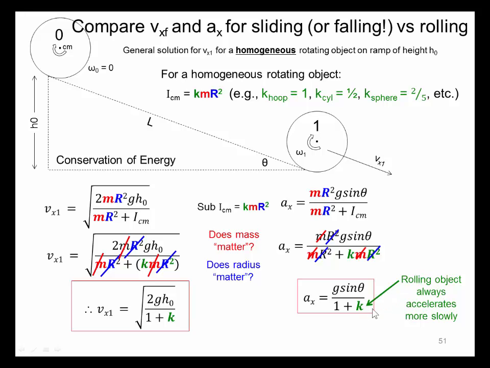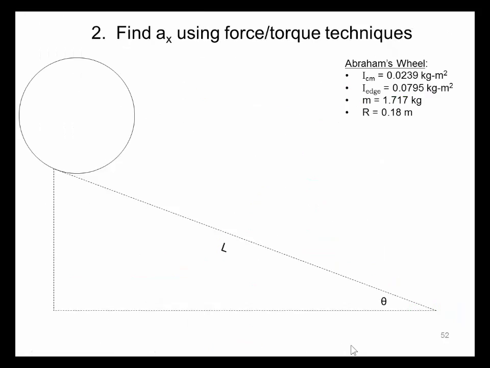And so depending on this value of k, how the mass is distributed, this value could be as high as 1 for k, and that will slow down our acceleration by as much as a half. And if the object only slides, well, k is 0, and we get our other simple relationships from before, square root of 2gh and g sine of theta.